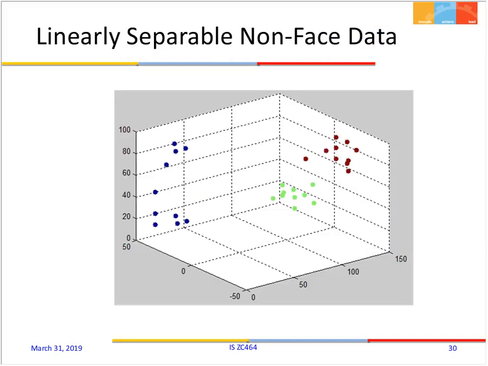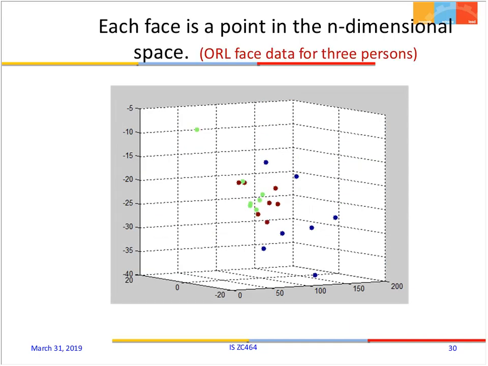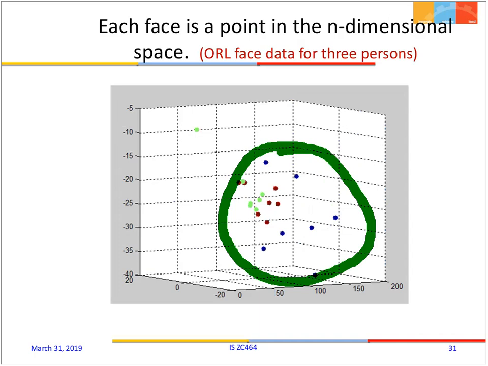If you take some non-face data, maybe a table, a glass, or a water bottle, they may be quite highly separable in the three-dimensional space or n-dimensional space. But if you look at face data, each face is a point in n-dimensional space, and they are quite mixed up because all of our faces are almost similar.